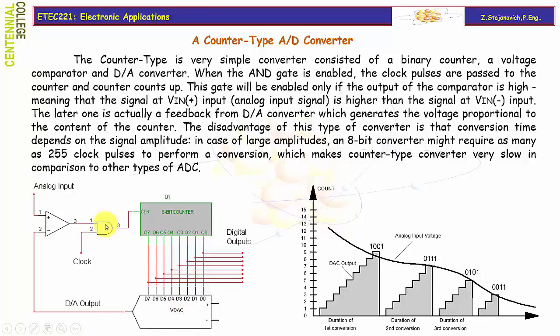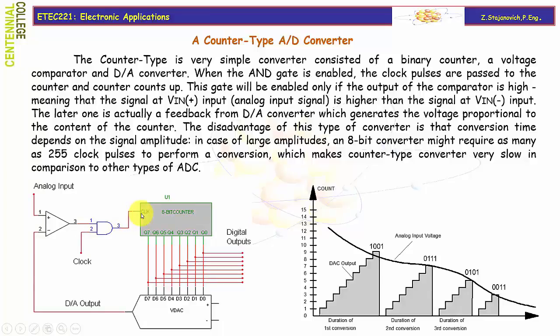When AND gate is enabled, and that means that the output of the comparator is set high, the clock pulses are passed to the counter and counter counts up.